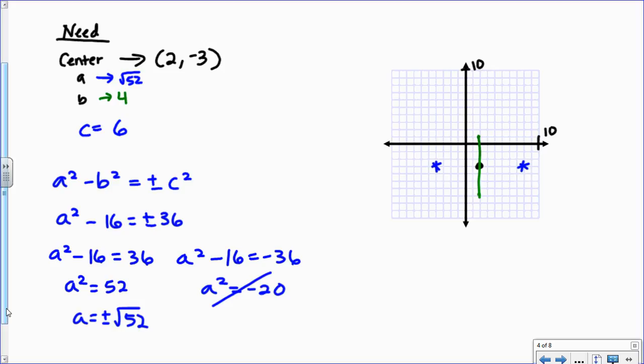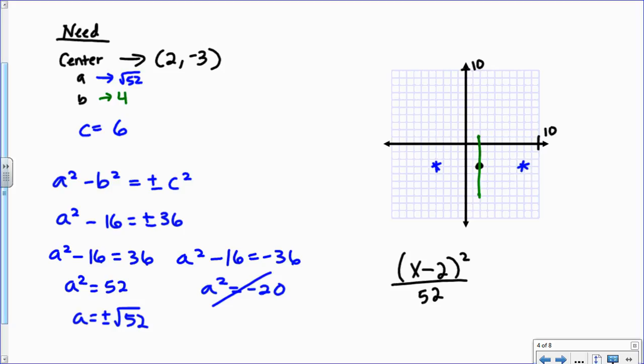So then my equation. Corey, what will I write with x for my equation? So what's my center? So x minus 2, good, squared, and then it's over A squared.